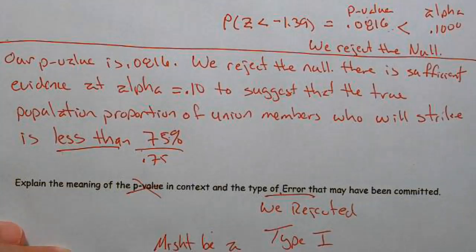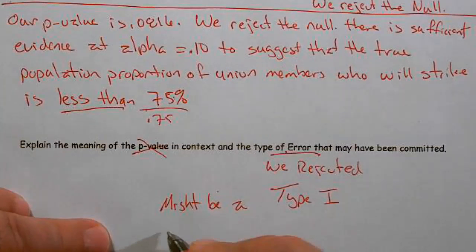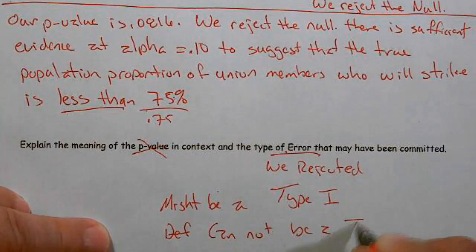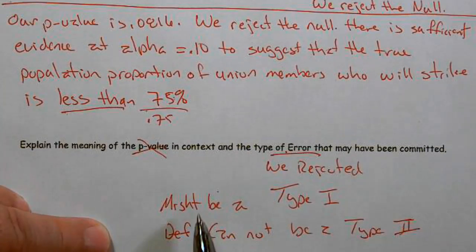Definitely not a type 2. We probably should say that. It cannot be a type 2, because we're not sure if we made an error. So it might be a type 1, cannot be a type 2. We can only get a type 2 if we fail to reject.